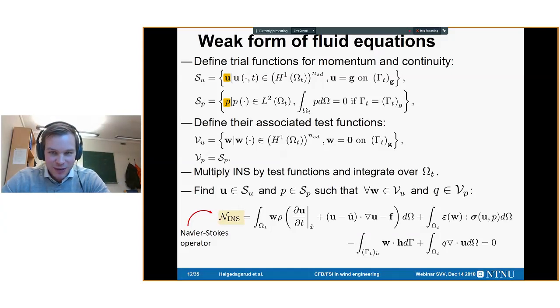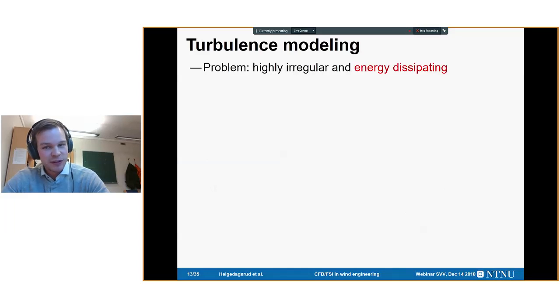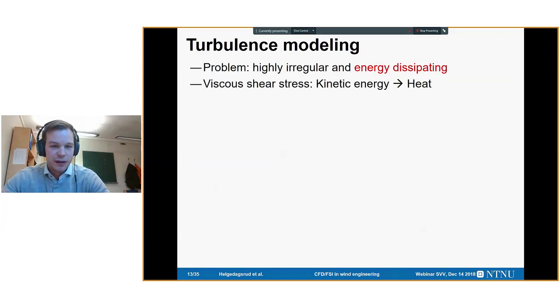And this works perfectly fine until you realize that you have turbulence. Because turbulence is an energy dissipating process where the kinetic energy of the turbulence is transferred into heat.